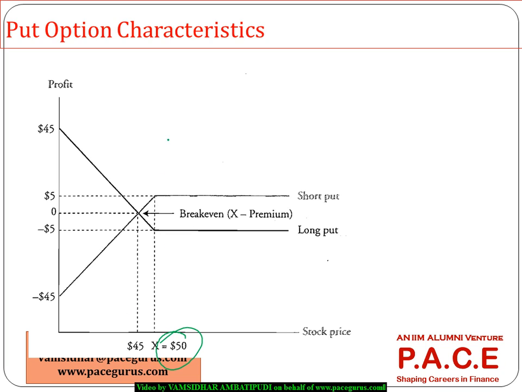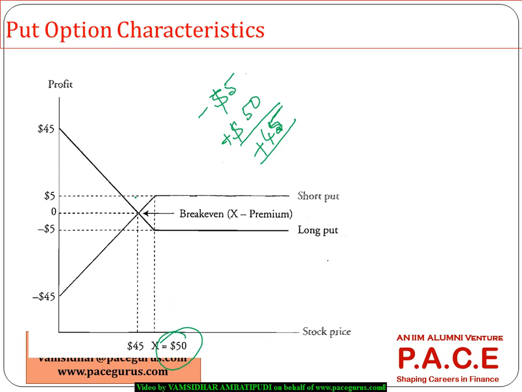Today I have paid $5 to take an option to sell the share at $50 in future. So I will be getting $50 in future. Overall, I am going to get $45. So if the market price is below $45, that is when I'll typically break even.